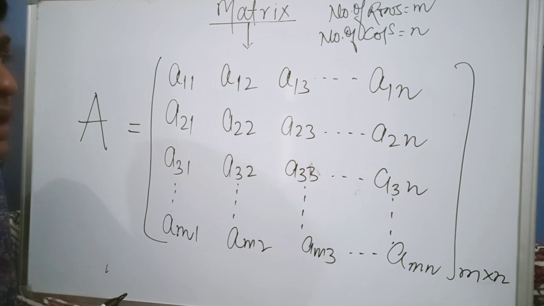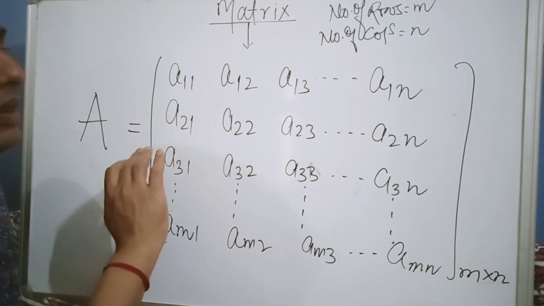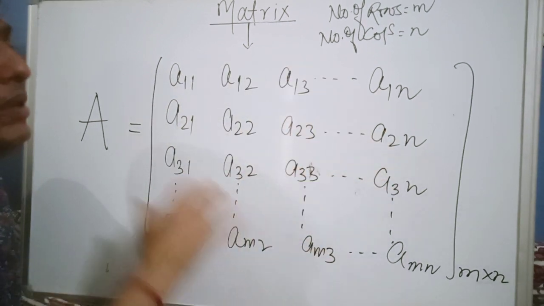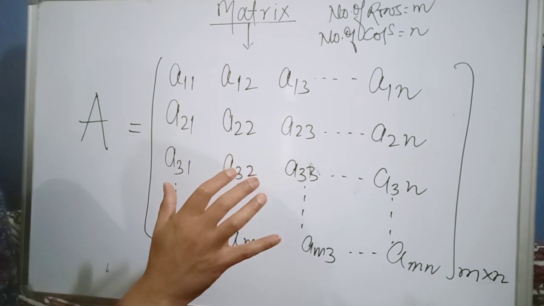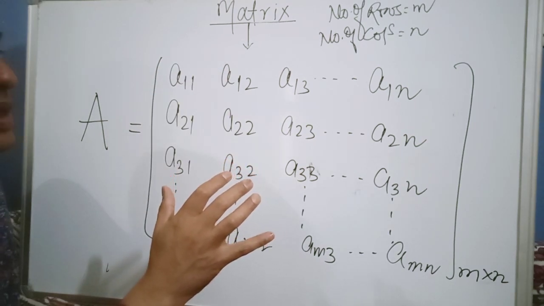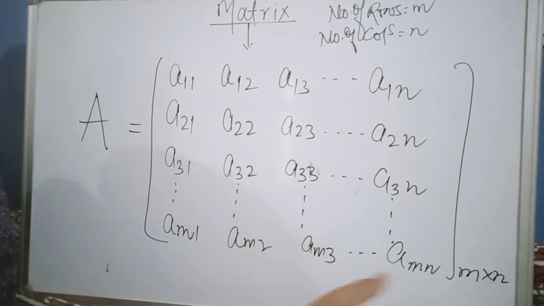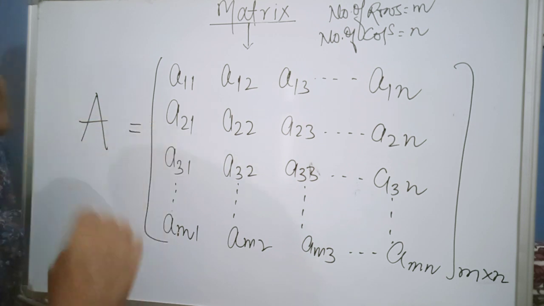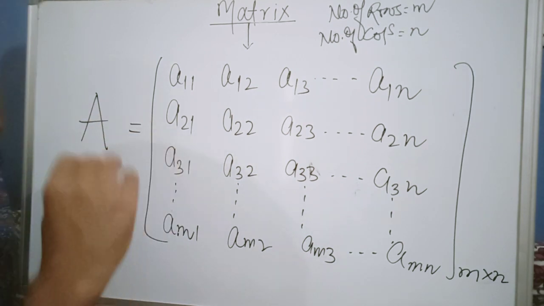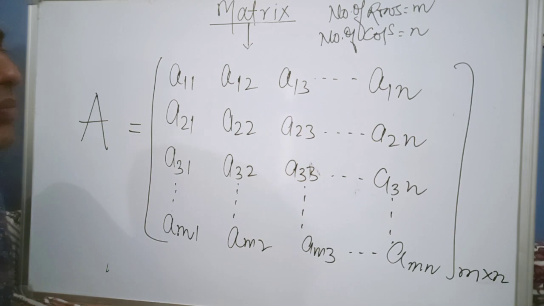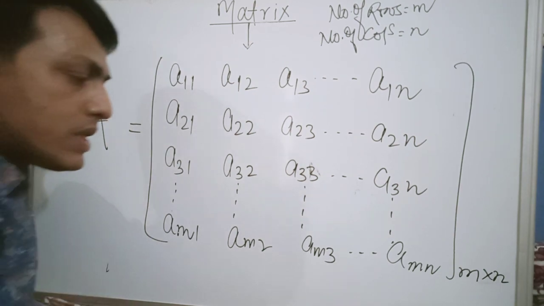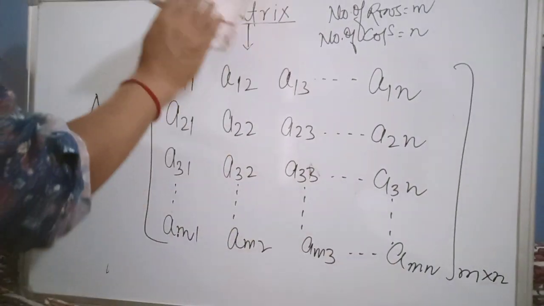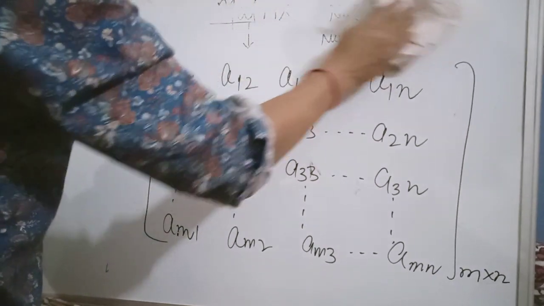But the biggest problem is that this big matrix is not easy to write again and again. So how to write it in the simplest form or smallest form, or we can say compact form. So here is the symbol of writing this matrix in compact form.